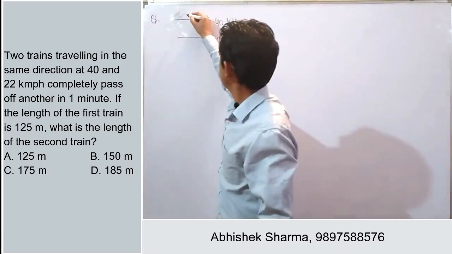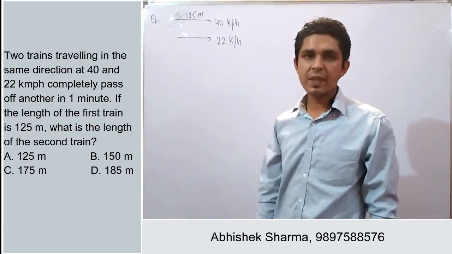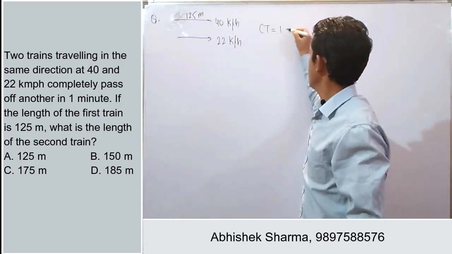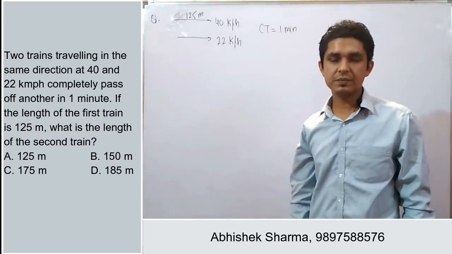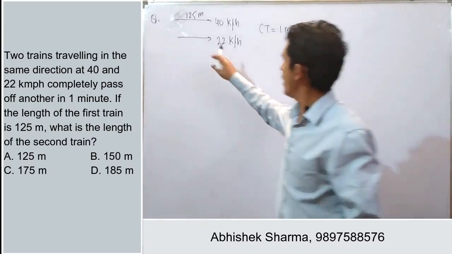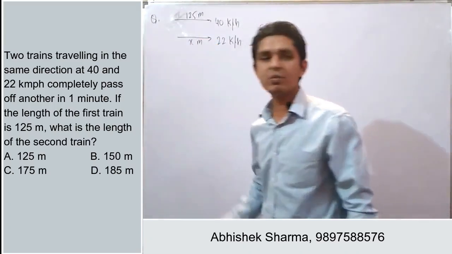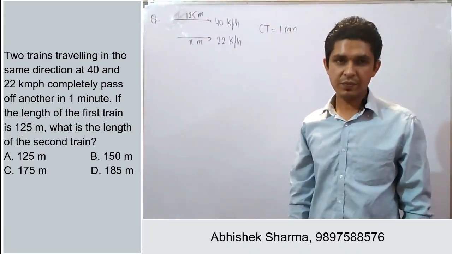The length of the first train is given, that is 125 meter, and it is given that both the trains pass one another in 1 minute. That means here the crossing time is 1 minute, right? And here we have to find the length of the second train, which we can assume to be x meter, and we have to find the value of x.